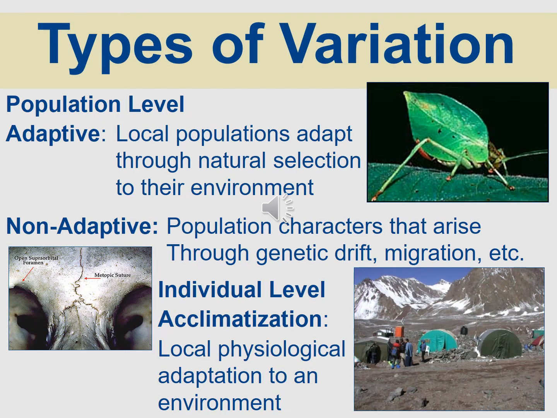It's important to emphasize the types of variation that you see in organisms at the population level, of course, and there also is some individualized component here with variation. So when you look at population level, we usually parse it up into adaptive and non-adaptive. So something is adaptive, that's natural selection, right? It's something that is really important.